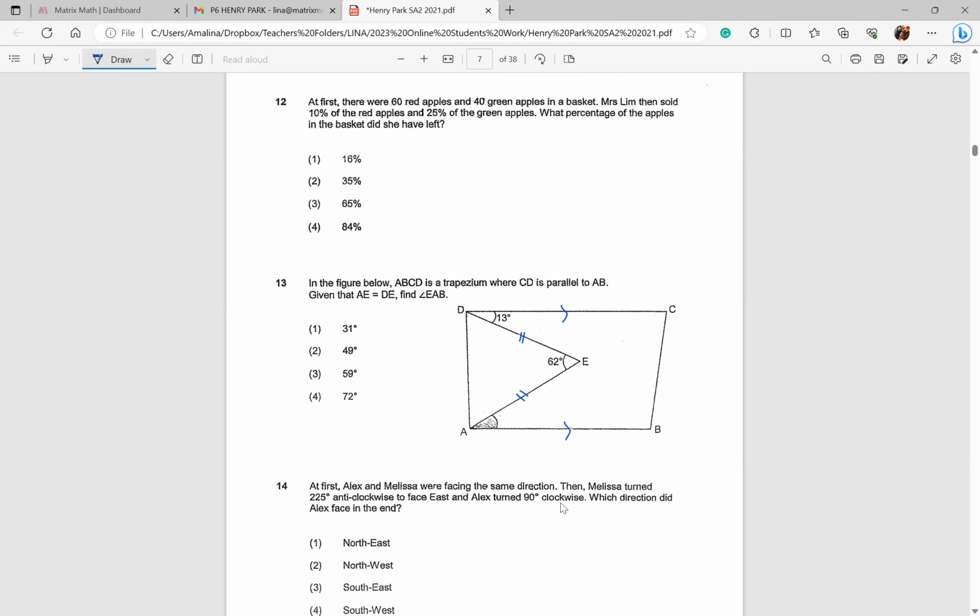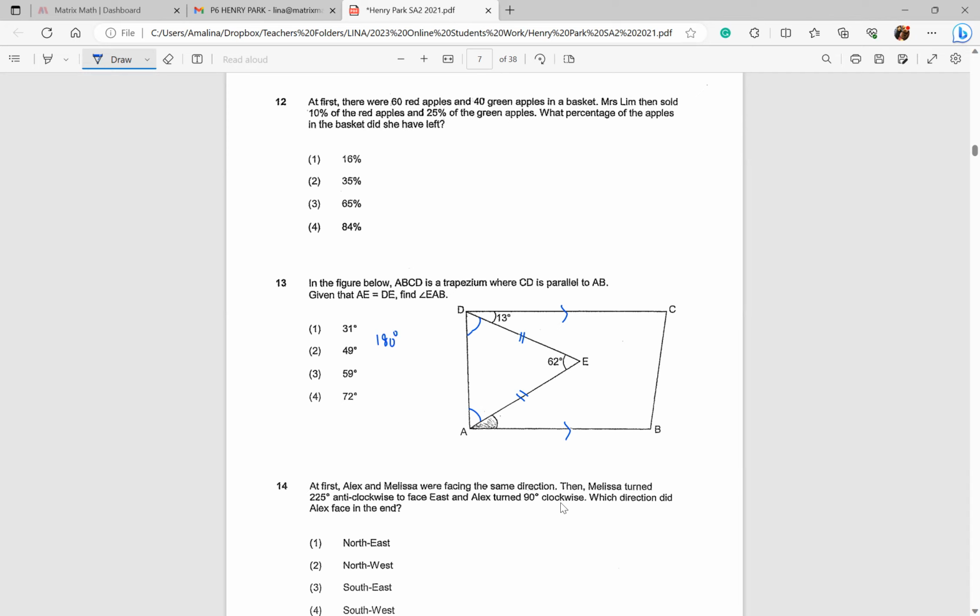Okay, so AE and DE are equal. Okay, good. So this is my isosceles triangle. So for me to find angle EAB, I need to find this angle first. So how do I find these two angles? They are the same. I take my 180 degrees.